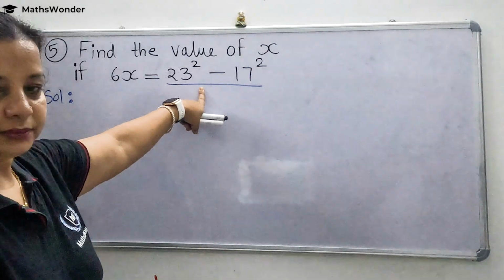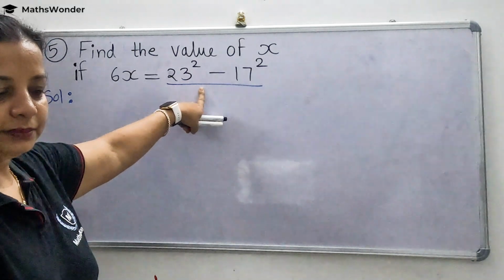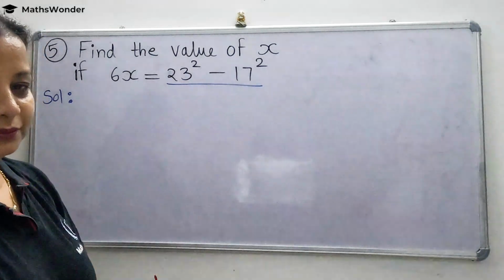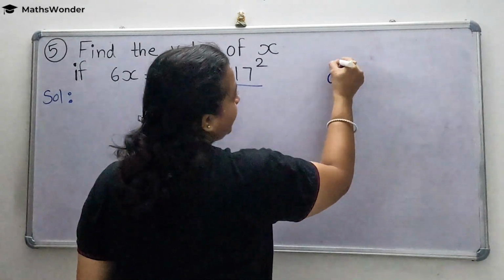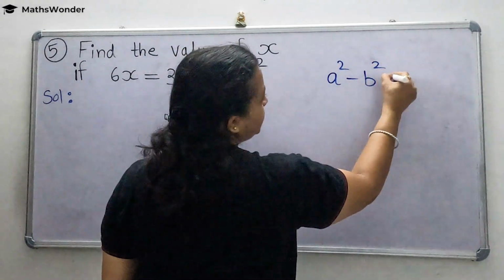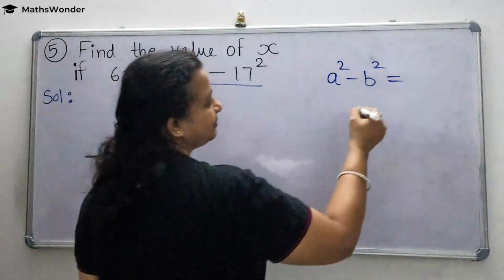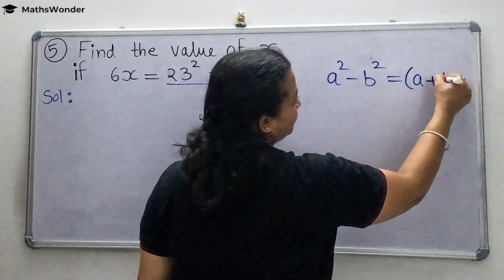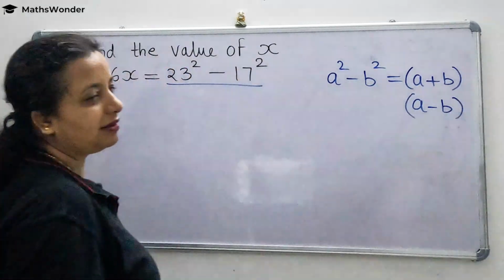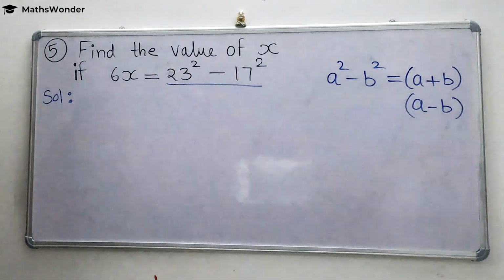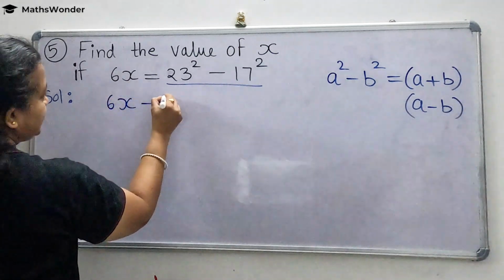No. So which identity will apply here? The first one, because they're the same sign. So we will apply a square minus b square. Which identity is this? The first one. Really?